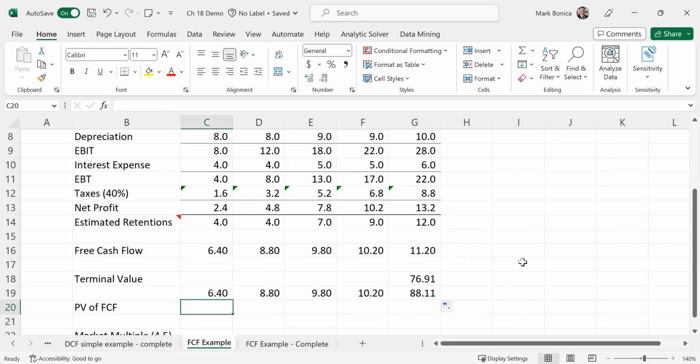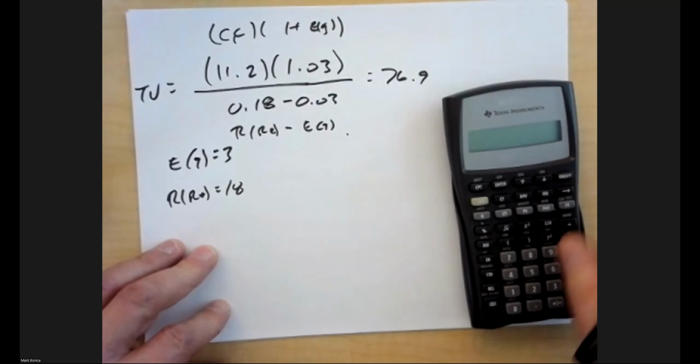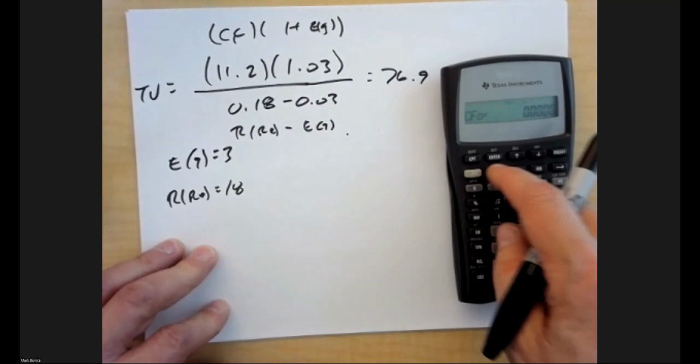And now I need the present value of that stream of cash flows. Since you won't have access to Excel during the exam, probably the easiest thing would be your cash flow register. So let's go ahead and do that, and I'll remind you how to do it in Excel.